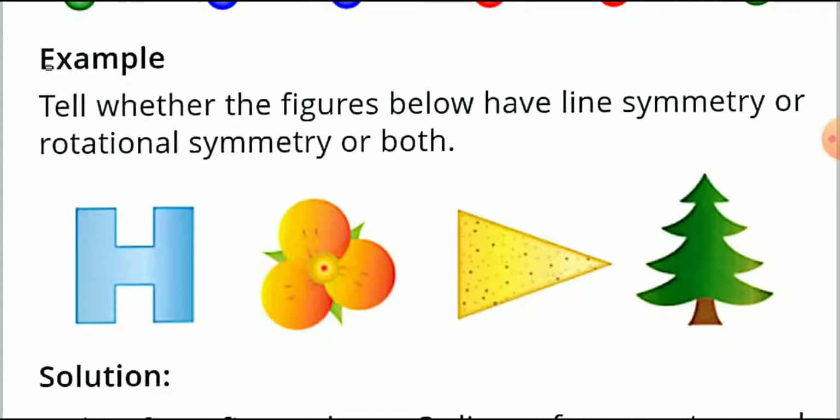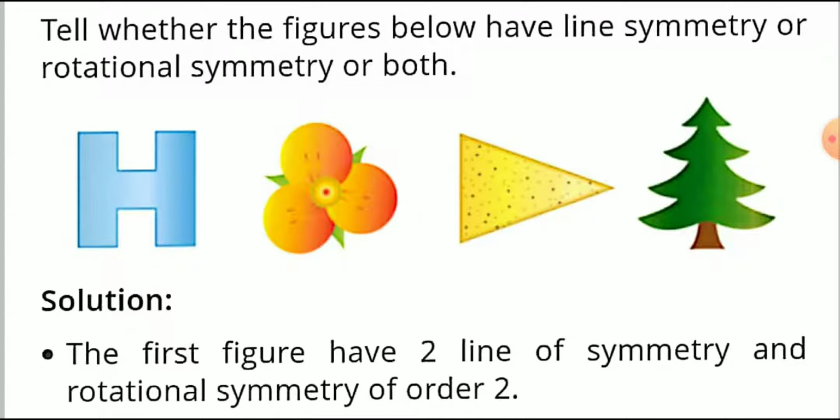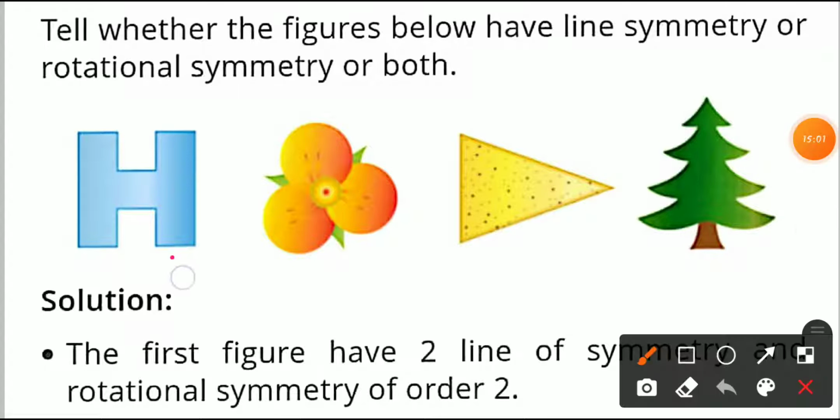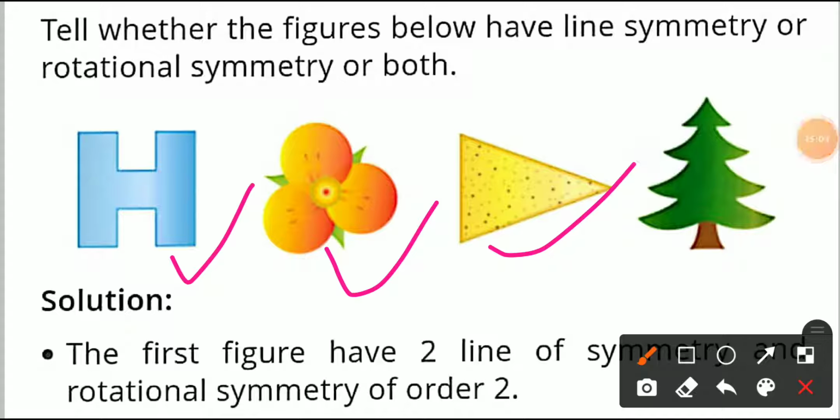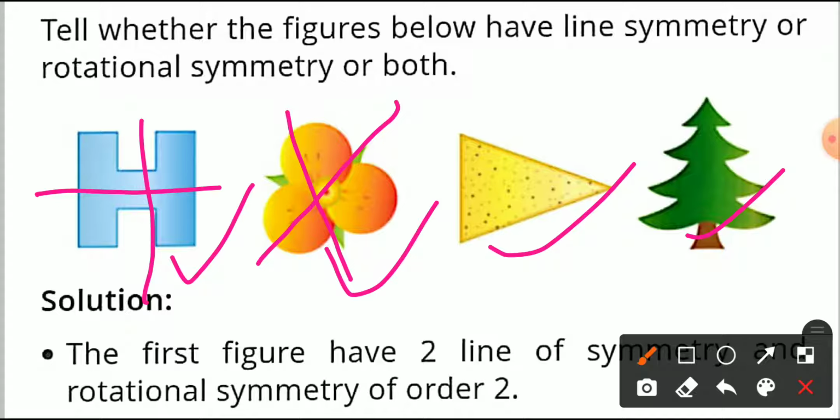Some more examples of this are here. H, this figure. So here we have rotational symmetry and line symmetry. Yes or no? Here also we have rotational symmetry and line symmetry.